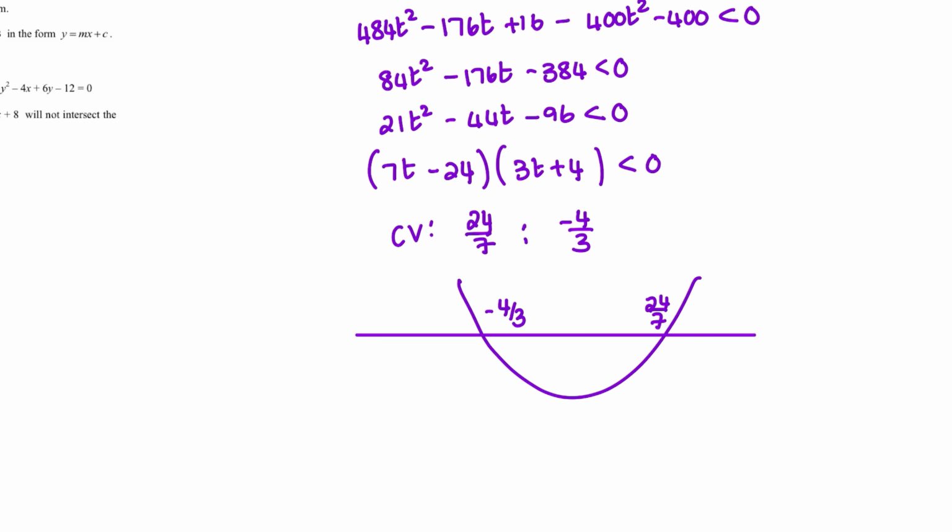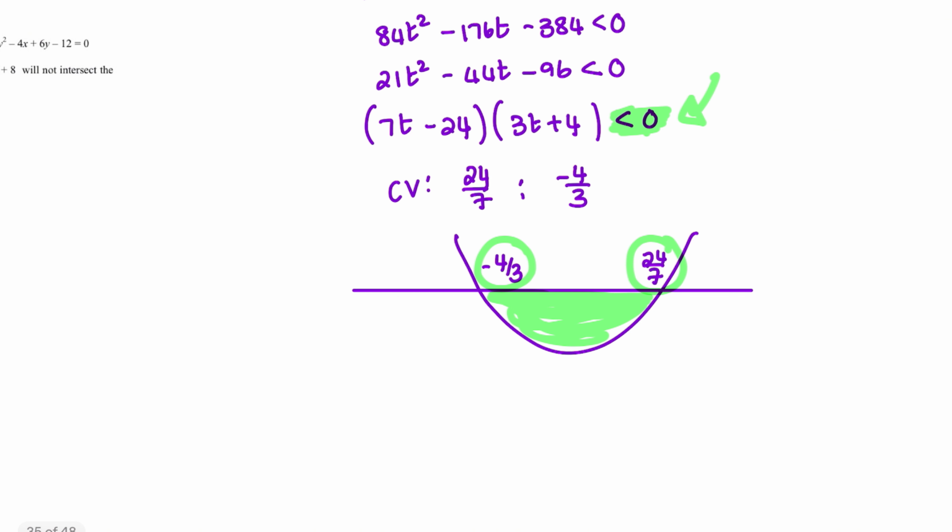And can you see this parabola is smaller than 0 for the values between negative 4 over 3 and 24 over 7. So we need to look at smaller than 0 because that is how we would solve for delta. So therefore, t needs to be smaller than 24 over 7 and bigger than negative 4 over 3.